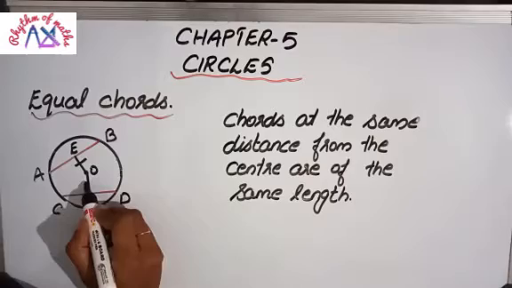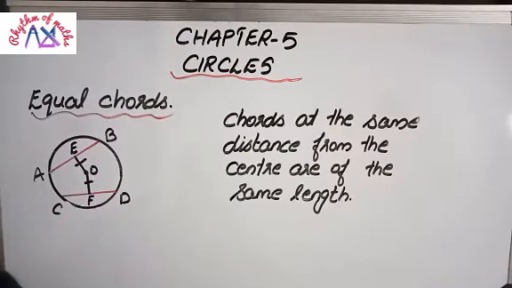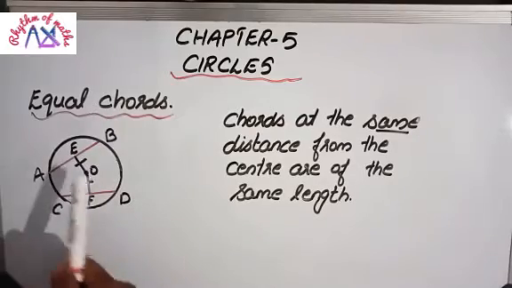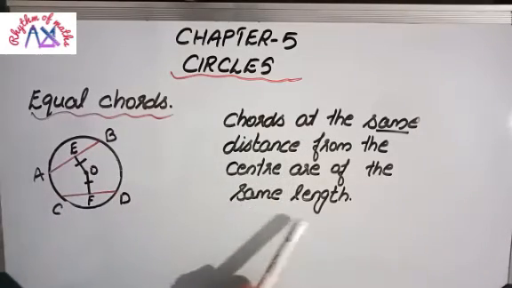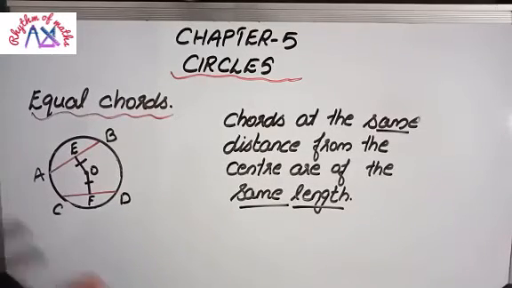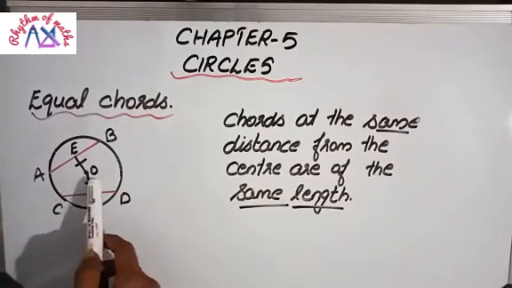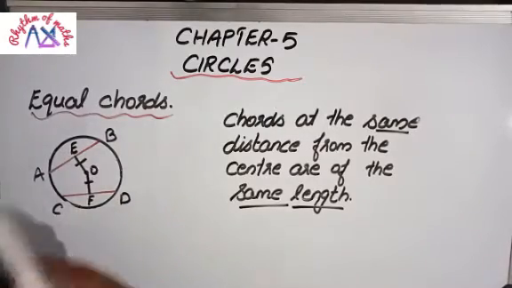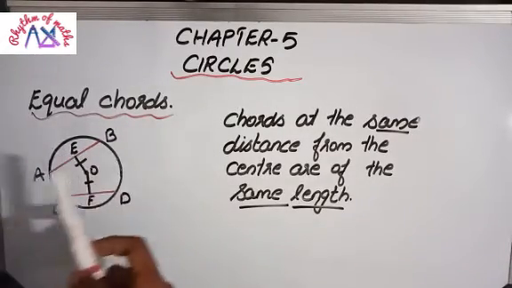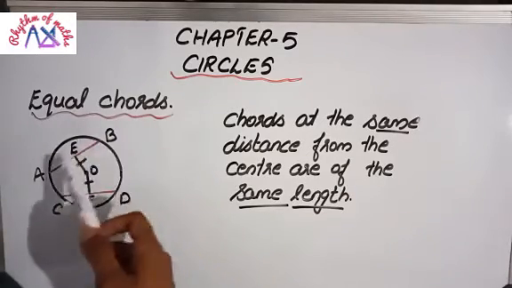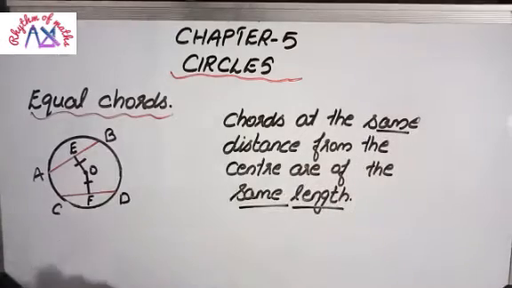If these two distances are the same, then the lengths of the chords will be equal. This is the concept. If the distances from the center to any chords are the same, then the chords will be equal.